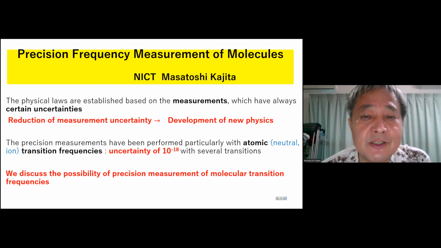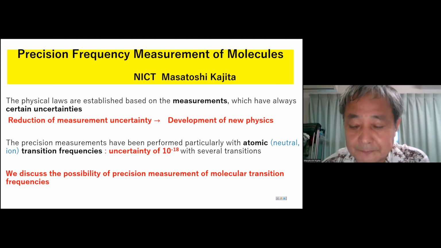Precision measurements have been performed particularly with atomic transition frequencies, and for several transitions, uncertainties of 10 to the minus 18th have been obtained. But in this talk, I want to discuss the possibility of precision measurement of molecular transition frequencies.